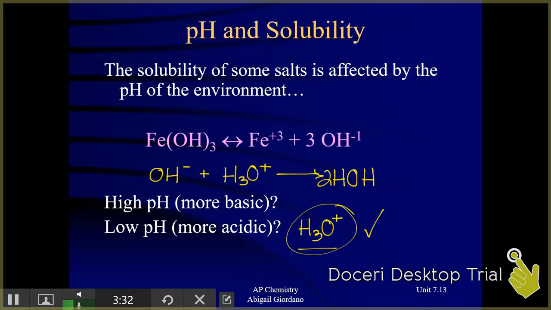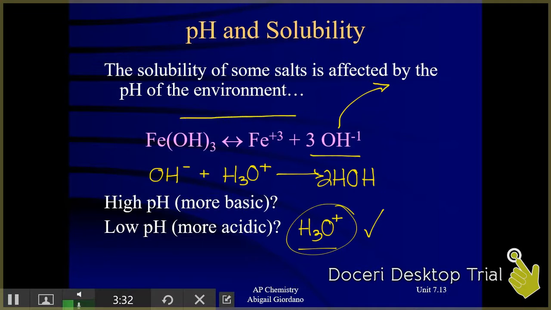All right, so here's the net result. Every time I produce one of these hydroxide ions, it is going to then react with some of this hydronium ion. So essentially, here's how I want you to think of it. It's like constantly pulling some of that hydroxide out, because every hydroxide that gets produced is then going to react with that hydronium. So what happens when you're constantly removing one of your products in equilibrium?